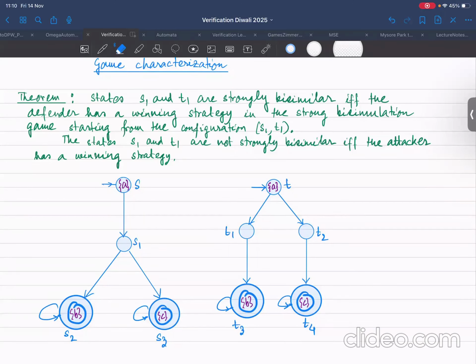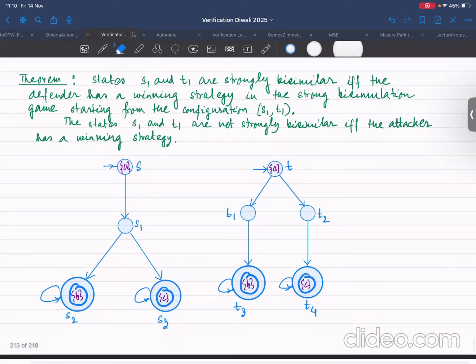Okay, so now, it's already an if and only if, so hence we get this, that the states are not strongly bisimilar if and only if the challenger or the attacker has a winning strategy, right? They are not bisimilar if and only if the attacker has a winning strategy. That means at some point of time, the defender cannot mimic the move of the challenger.